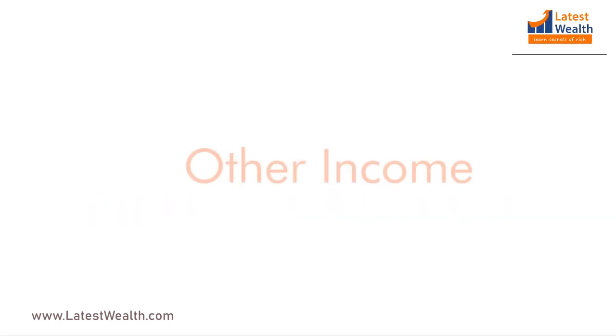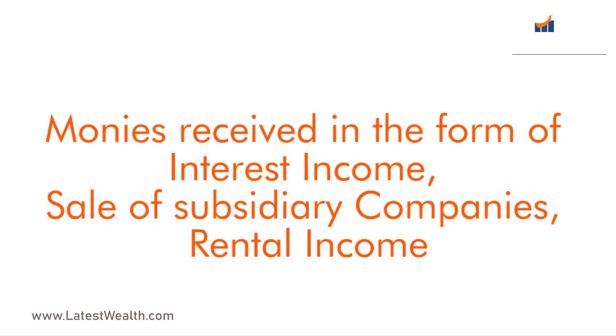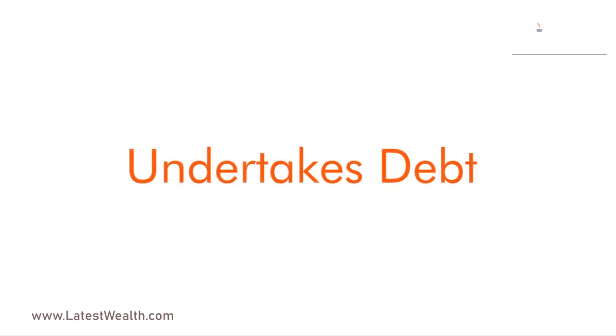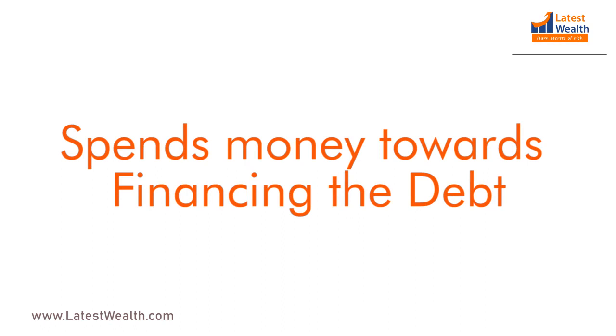Now let us come to other income. Other income includes monies received in the form of interest income, sale of subsidiary companies, rental income, etc. Hence, when companies undertake investment activities, other income tends to get affected. As and when the company undertakes debt, it could be short term or long term, the company obviously spends money towards financing the debt.